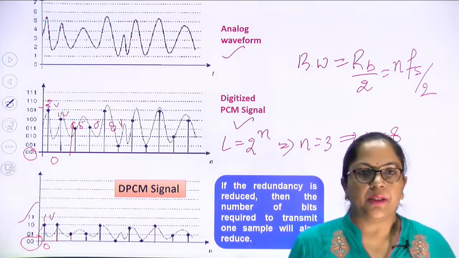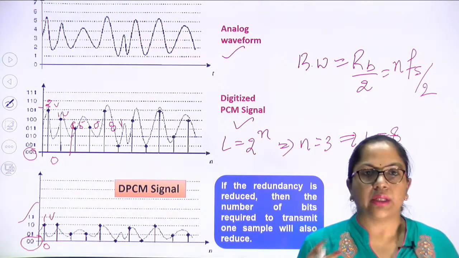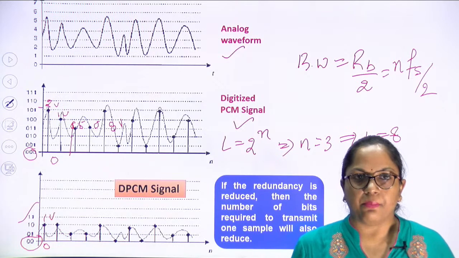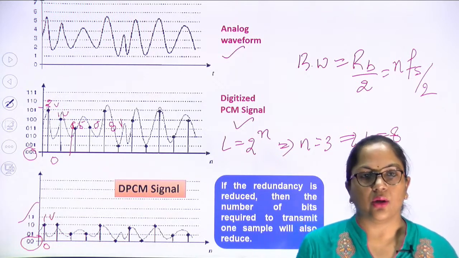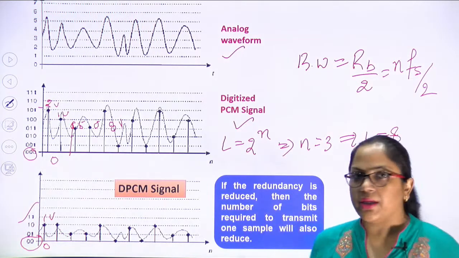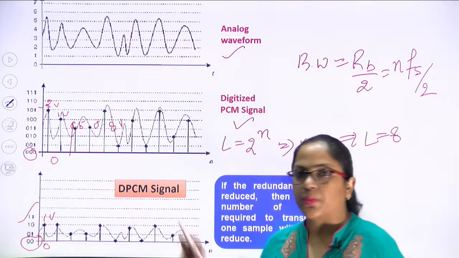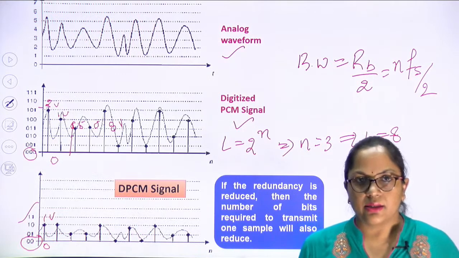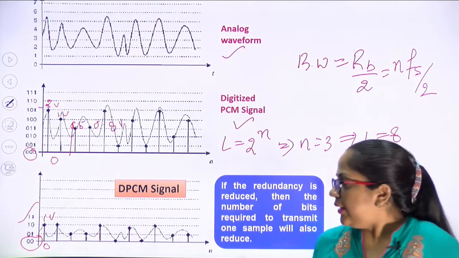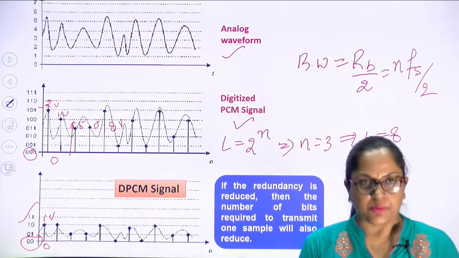So in case of DPCM, we used to take the difference of two adjacent samples, then quantize that difference and transmit the coded data corresponding to that quantized signal. That will help us to save the transmission bandwidth.